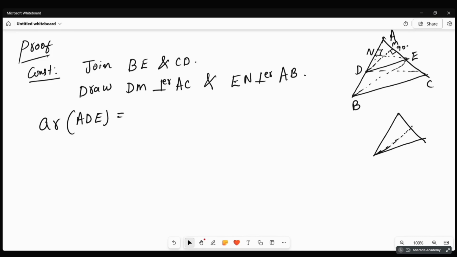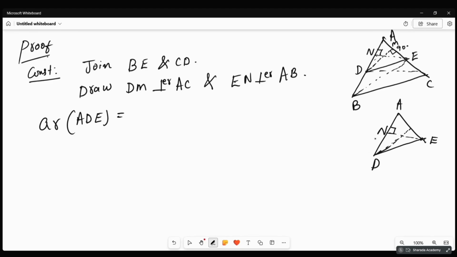Here, if I take AD as the base, then from E we draw an altitude perpendicular to AB, so EN will be its height.